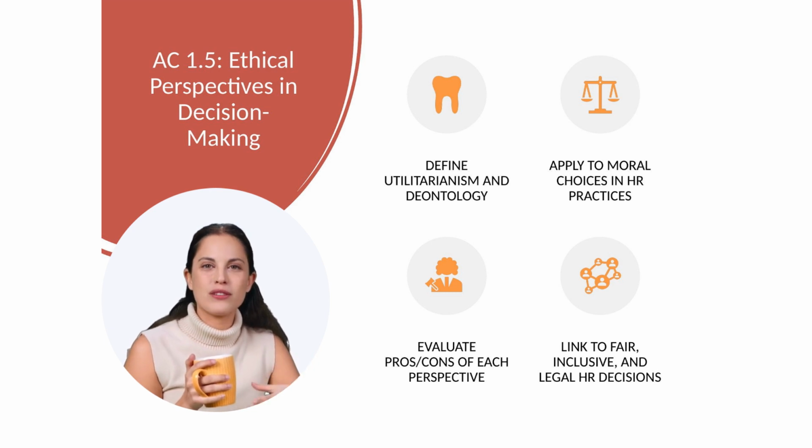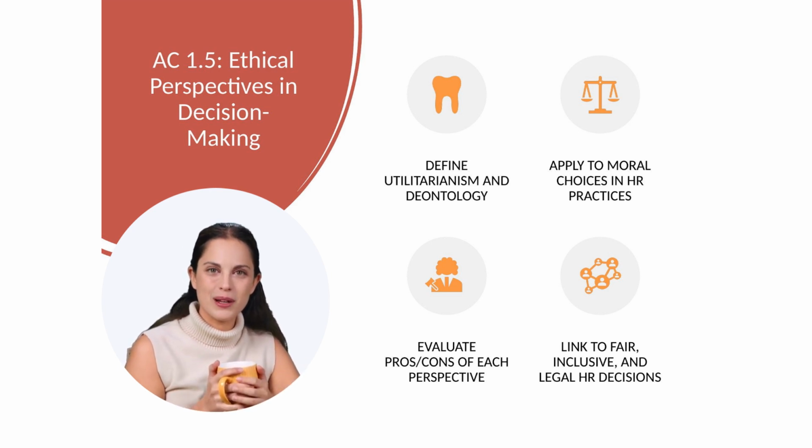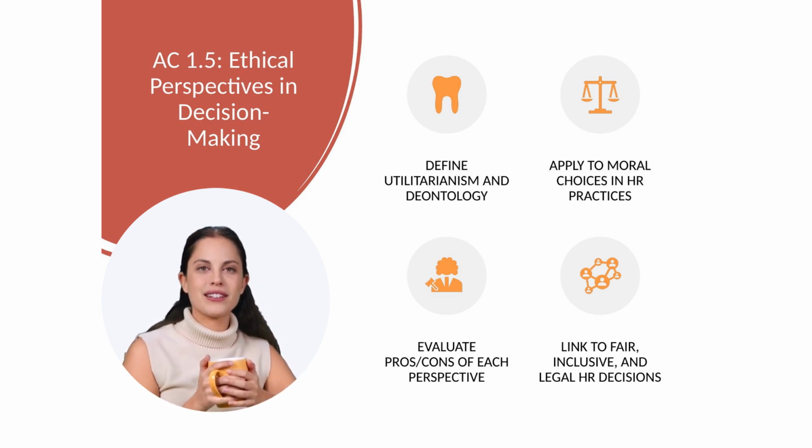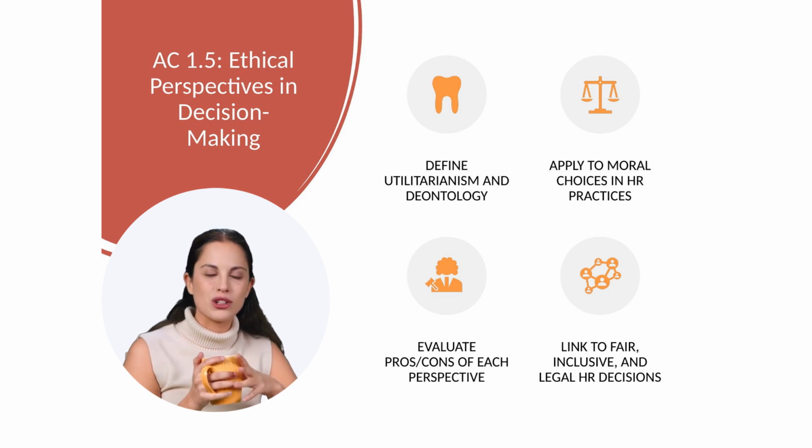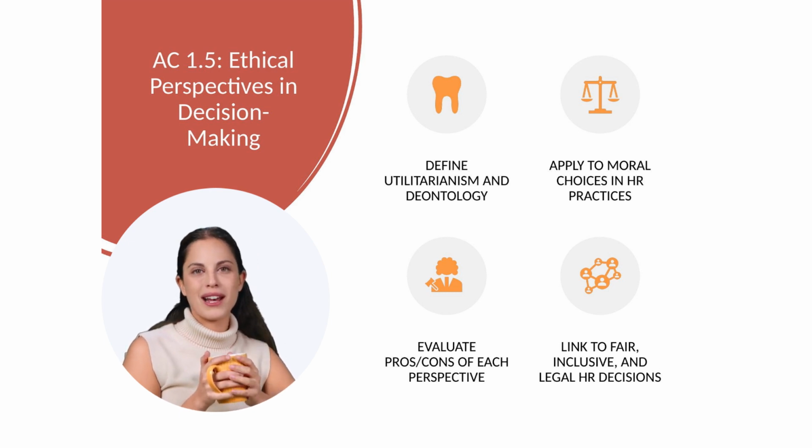While utilitarianism supports broad benefit, it can overlook minority rights. Deontology ensures fairness, but can be rigid. Use case examples like redundancy planning or diversity initiatives to show application. CIPD's professional map and code of conduct reinforce ethics as central to HR practice. Evaluate how values guide outcomes.